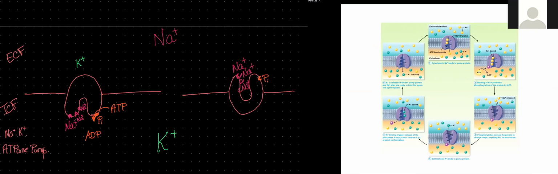So what happens when the carrier is now facing the outside of the cell membrane? The sodium gets released. So it will leave the carrier. The same for the phosphate group.